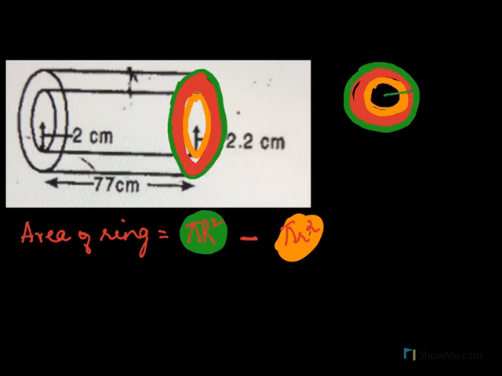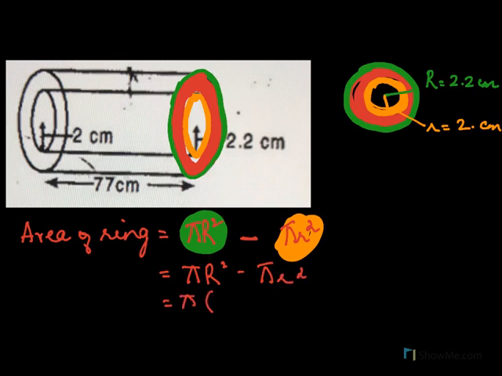And we know the outer R, the capital R, was 2.2 centimeters, and the inner r, the small r, was 2 centimeters. So we put the values in this. So area of that ring equals pi R square minus pi r square.